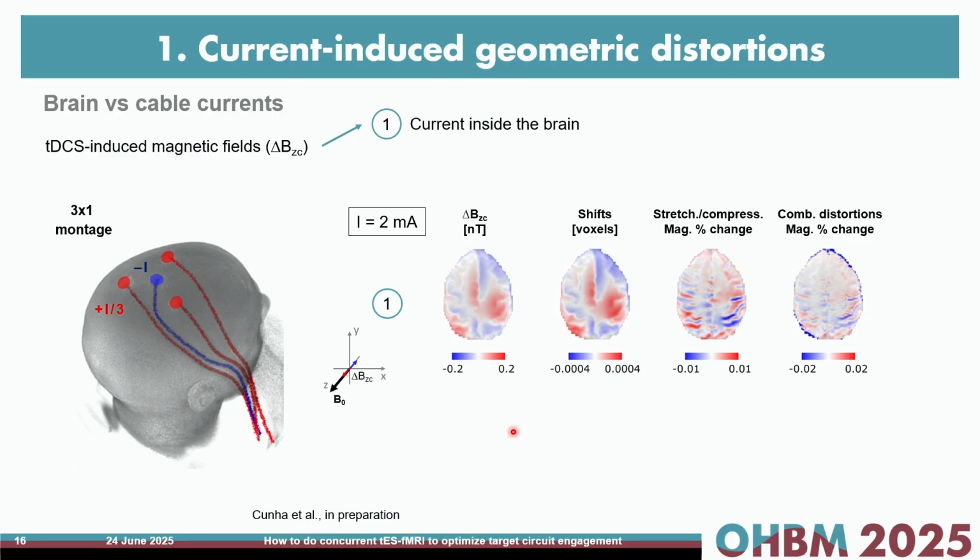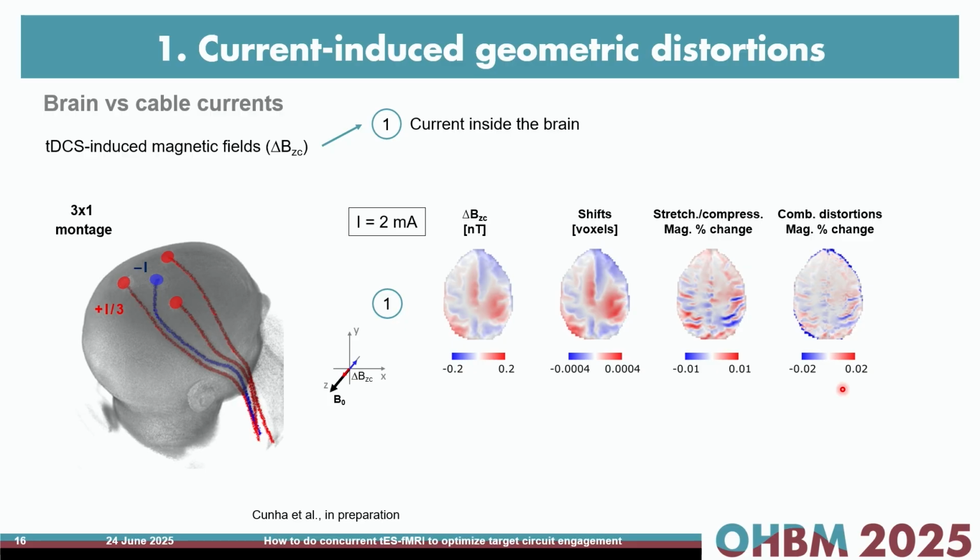But they also induce some stretching or compressing, which will cause intensity changes in the image. So when we combine these two types of distortions, we can have a combined intensity change map, which we see here was very small, so 0.02% intensity change. But this was due to the currents flowing inside the brain.